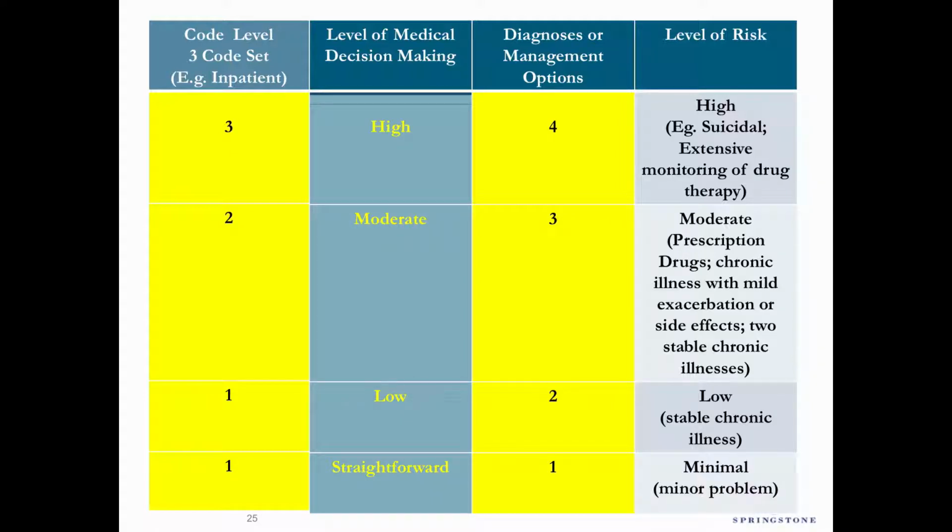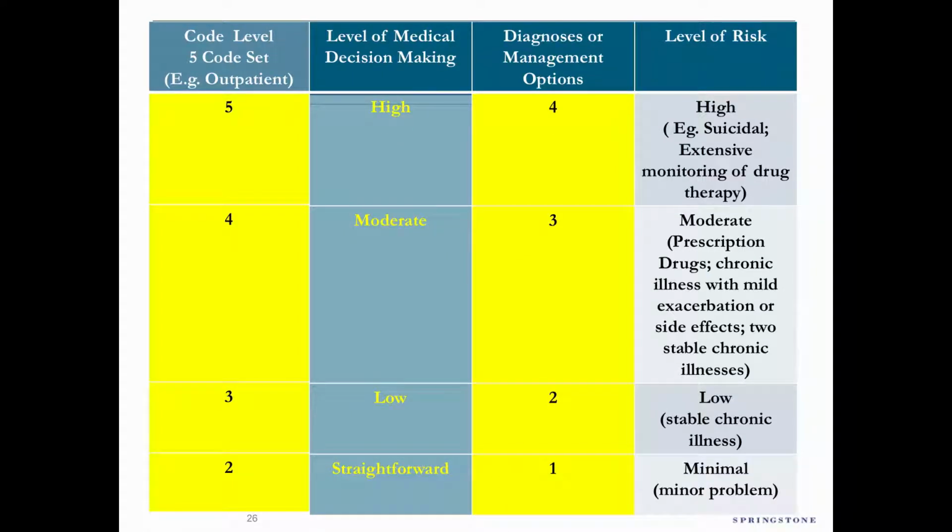If you're billing at a level 2, you would need at least 3 management options and at least moderate level risk. But you might have, for instance, only 3 management options and high level risk. You'd still only be able to bill at a 99222.